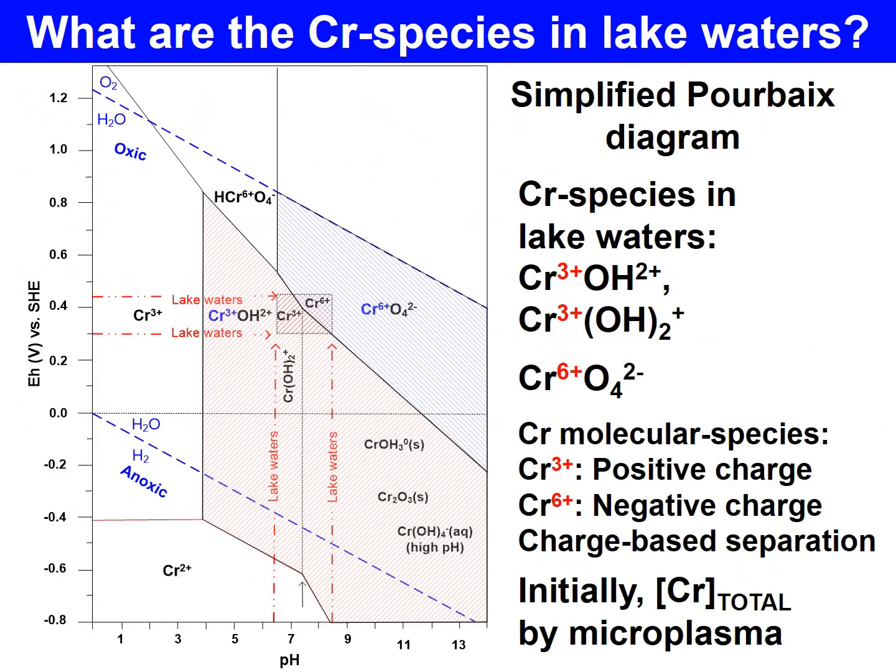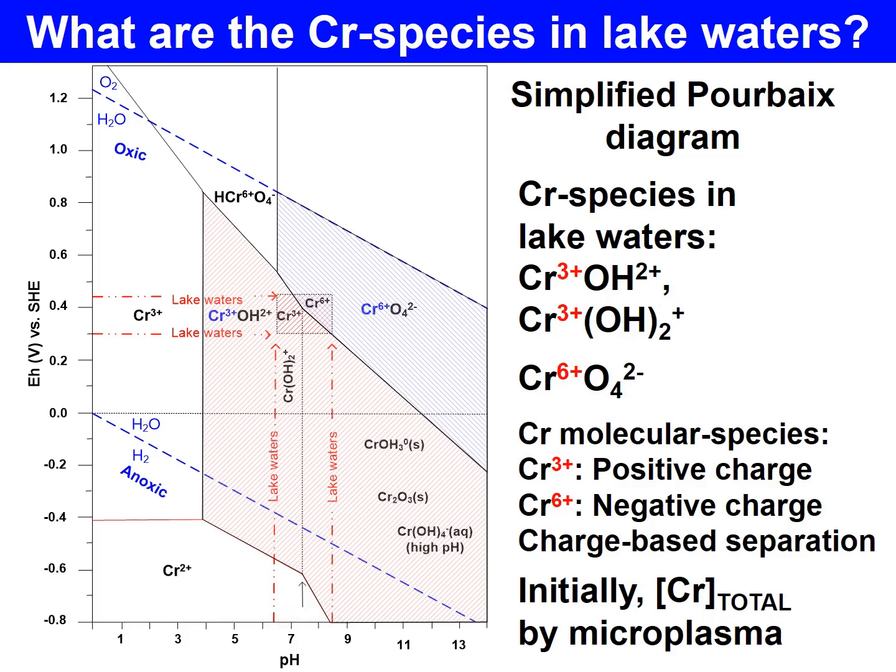So if we look at the species that will be present in a lake water, we're going to look at a simplified Pourbaix diagram. It's a diagram that tells us what species are present. This axis here is affinity for electrons versus standard hydrogen electrode, and this is pH. And the dashed lines here show pH, let's just say 6.5 to about 8, because that's the natural pH for lake water samples.